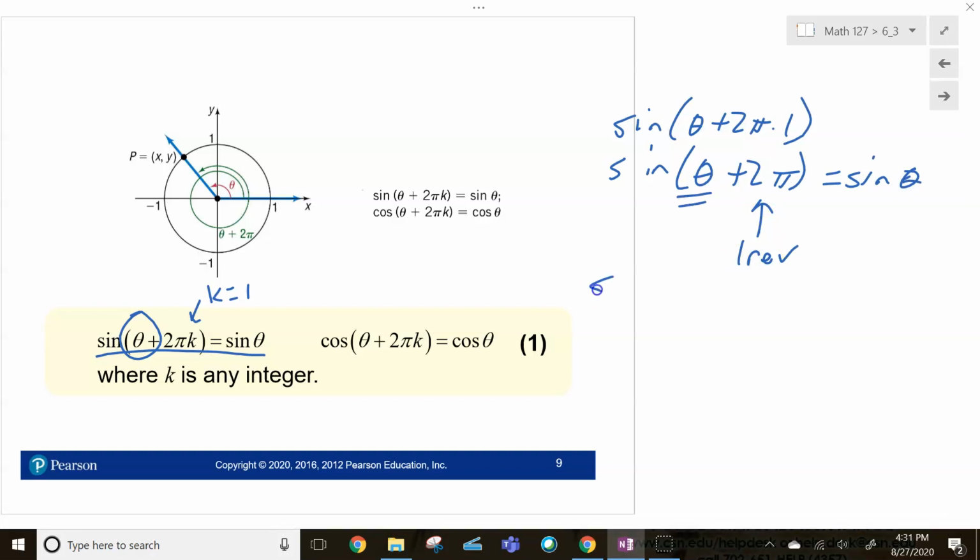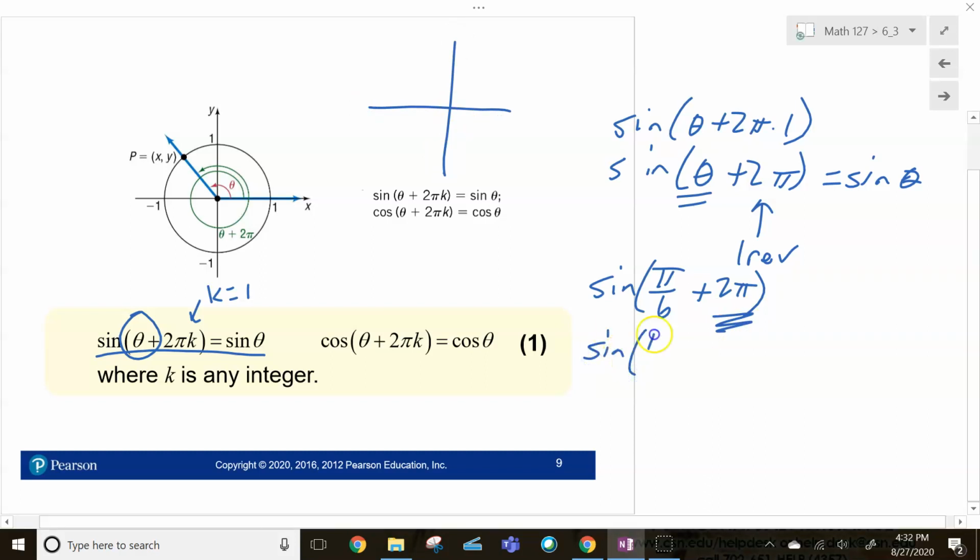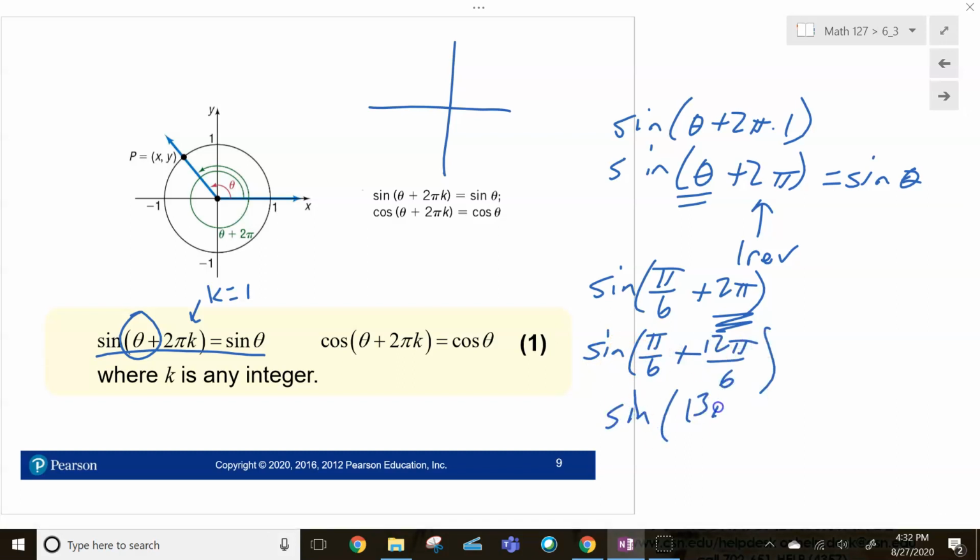Let me give you an example. Let's say we had pi over 6 plus 2 pi. If I go around once, this total angle is the same thing as pi over 6 plus 12 pi over 6. So what we're doing is the sine of 13 pi over 6. In other words, we're around once plus pi over 6 more. There's 13 pi over 6.